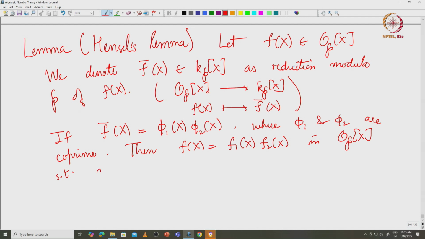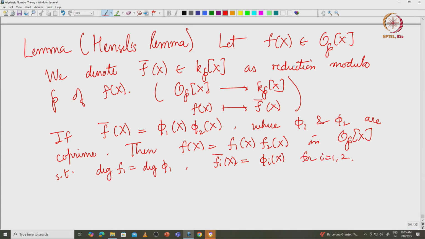So, such that the degree of f1 is equal to the degree of phi 1 and f_i bar of x is equal to phi_i of x for i equal to 1 and 2.